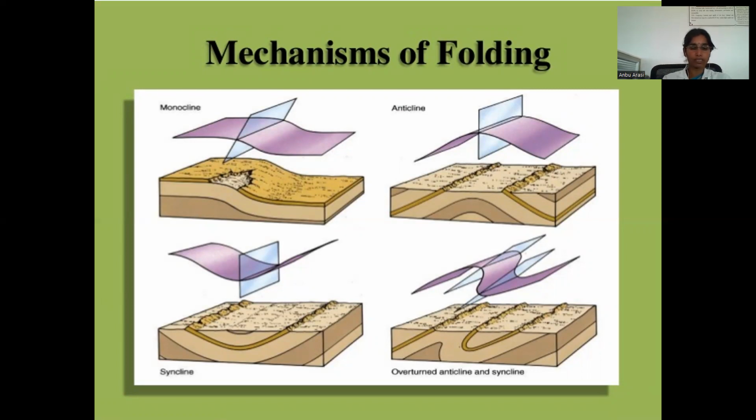Dams constructed on synclinal upstream limbs lead to leakage of water beneath the dam. Similarly, strain energy will always be stored in the curvature of folds.